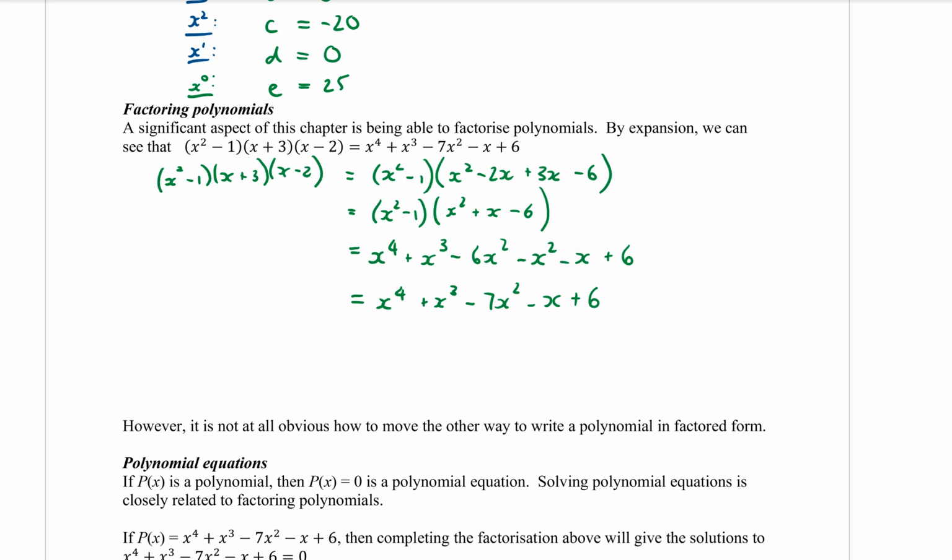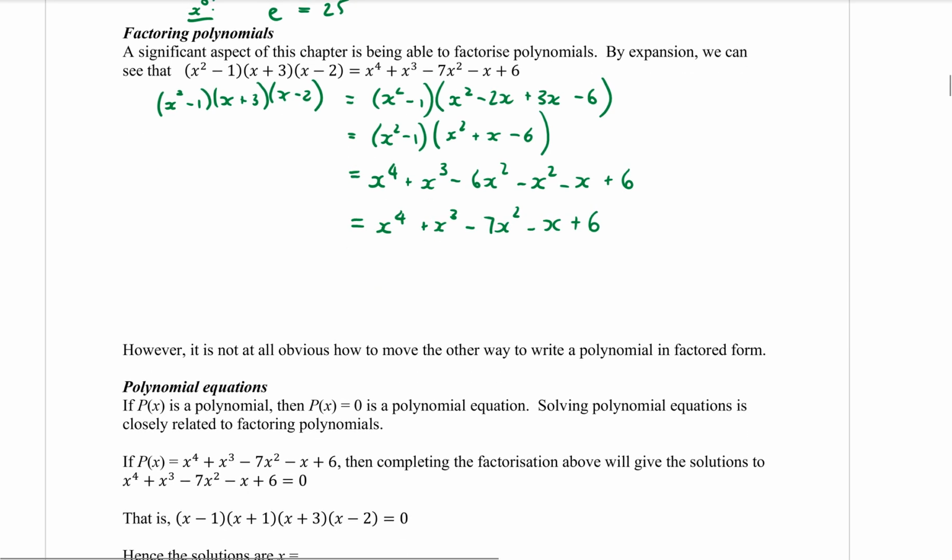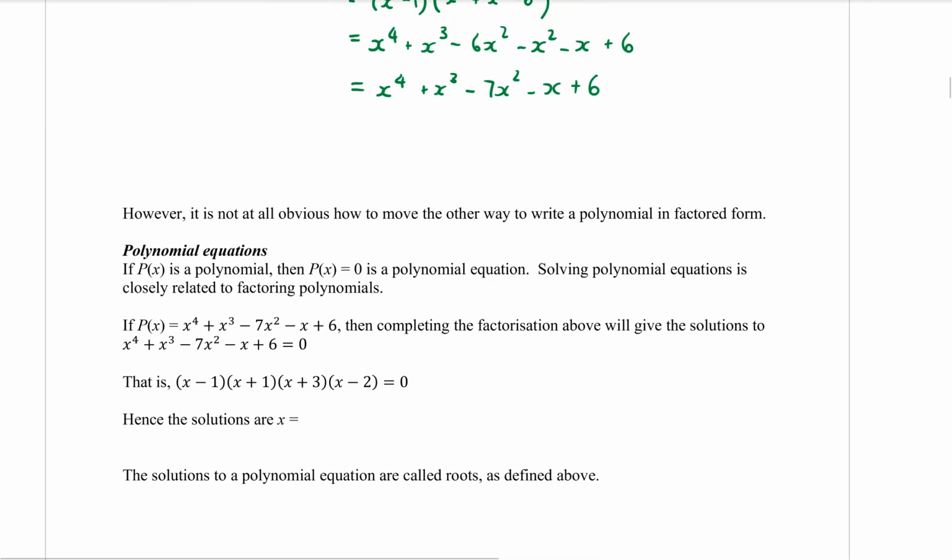However, it is not always obvious how to move in the other way. If I give you the expanded polynomial that we just got there, how do we get back into that factorized form? And we're going to spend a lot of time practicing that. If p of x is a polynomial, then p of x equals 0 makes it an equation that we can solve.